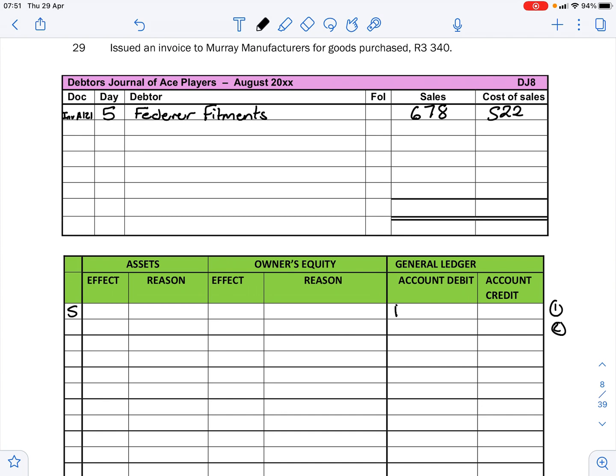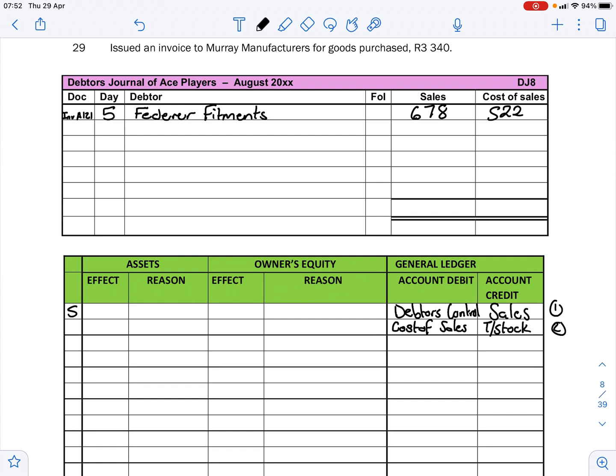Step 1, we have debtors control and sales. That's with our selling price. And then we have cost of sales and trading stock as our step 2.